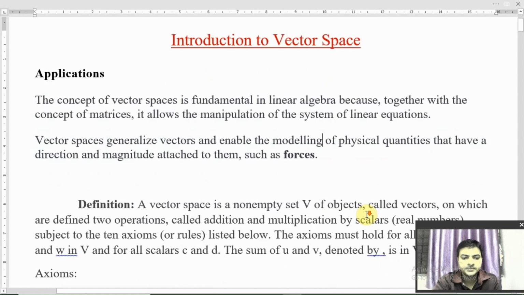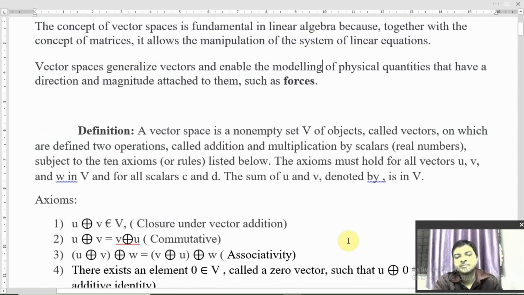Immediately we'll go to the definition of vector space. A vector space is a non-empty set V of objects called vectors, on which are defined two operations, addition and multiplication by a scalar or real number. Scalar means a real number, subject to the 10 axioms, or rules, listed below.